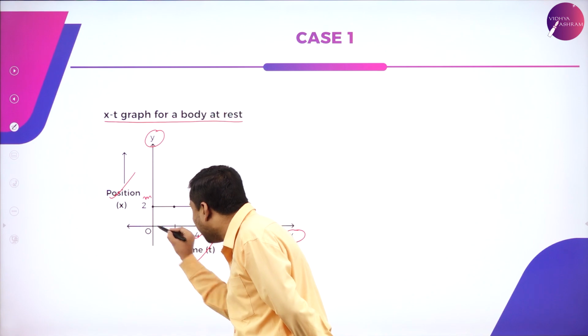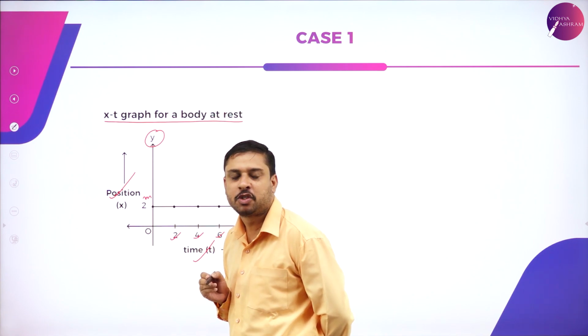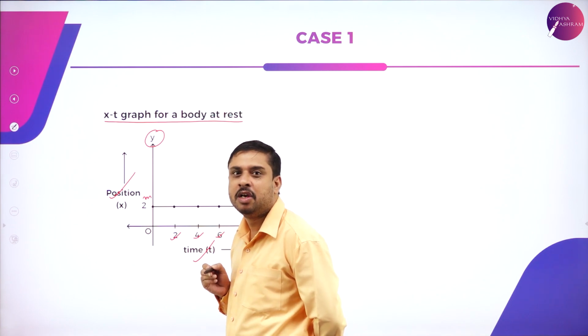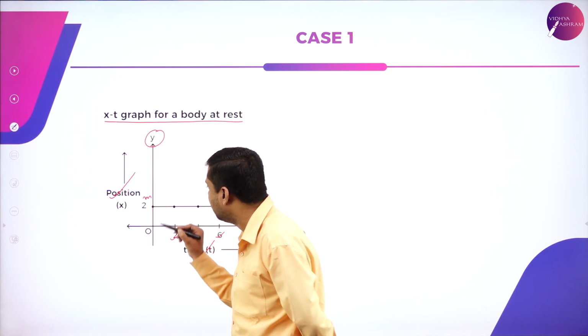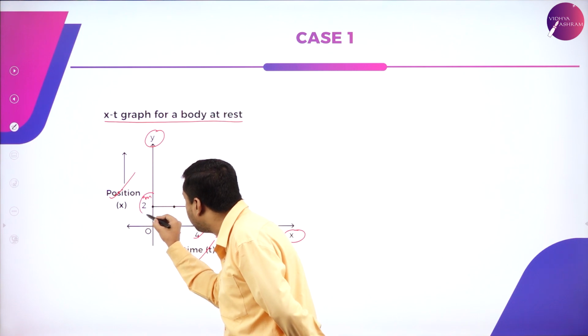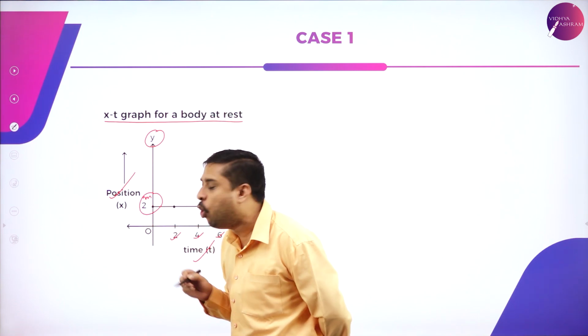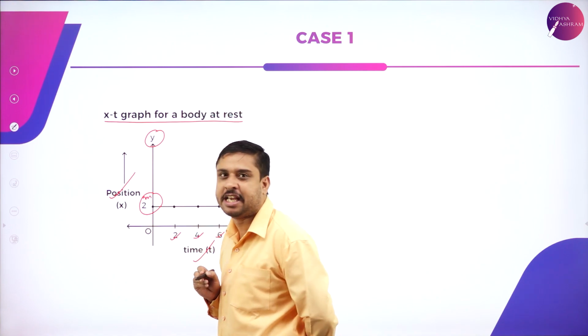When the time is 0, which means to say initially, to begin with, the position of the body is found to be 2 meters from the origin.